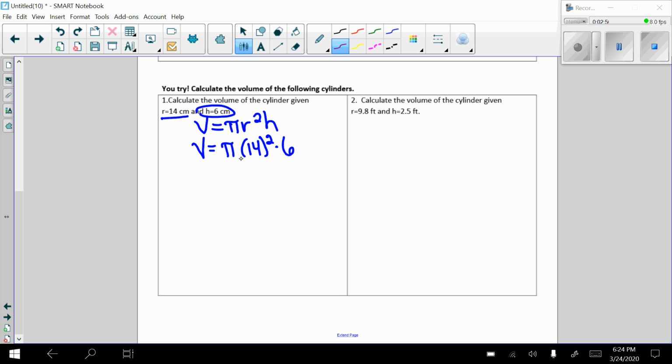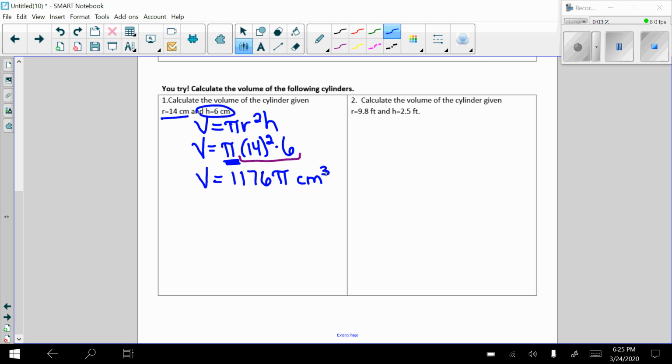In our calculators, we will do 14 squared times 6. And hopefully what you got was 1,176. And now we have to take that pi symbol and put it at the end.